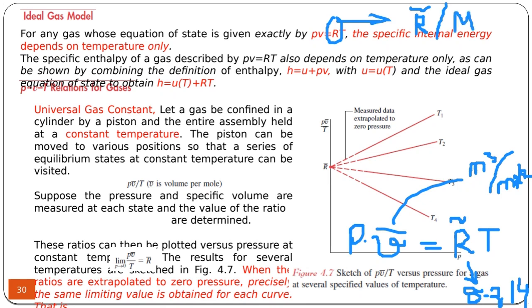So again, if you use the molar ideal gas equation, you can write it as P times volume per mole of the gas is equal to the universal gas constant, 8.314 kilojoules per kilomole per Kelvin, times the temperature in Kelvin.